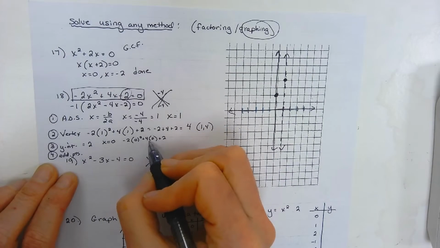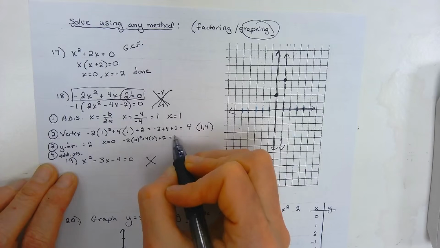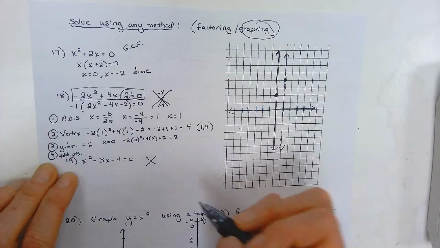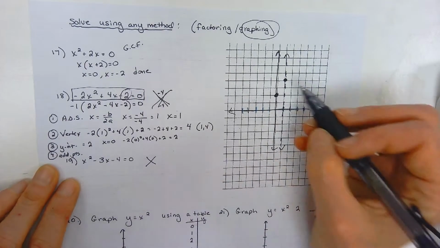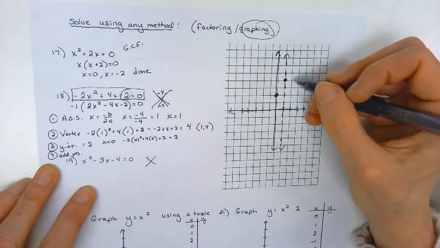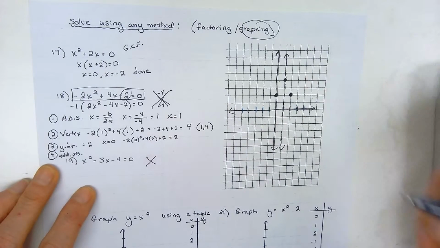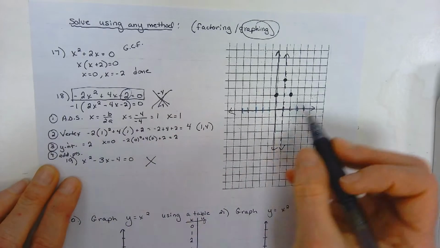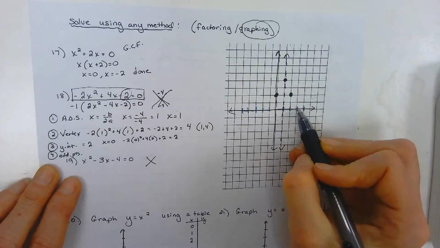That's 0 plus 0 plus 2 is 2. So our y-intercept is 2. Okay, that can be reflected across the axis of symmetry. Our parabolas are symmetric. There it goes.